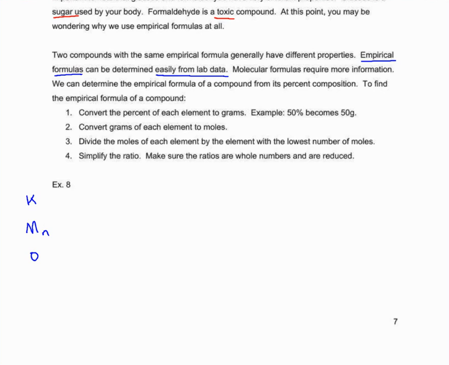And so you wouldn't necessarily know what we're talking about without doing the work here. This particular compound is 24.7% by mass potassium. It is 34.8% manganese, and it is 40.5% oxygen.